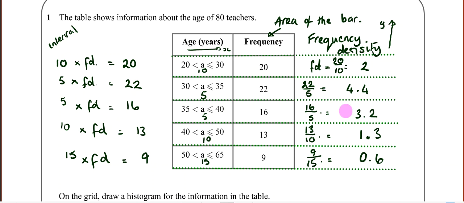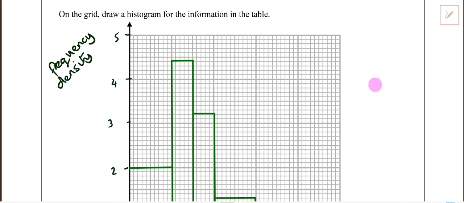So if I plot frequency density on the y-axis and the age intervals on the x-axis, how do I know frequency from the charts? Someone's already said it today. So what we did, look, we did plot this information.